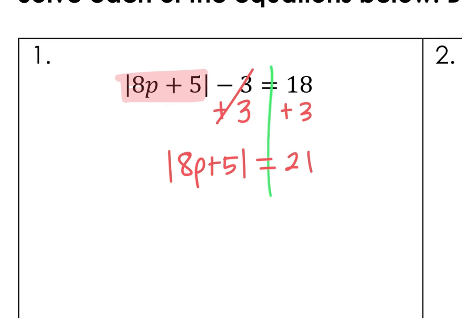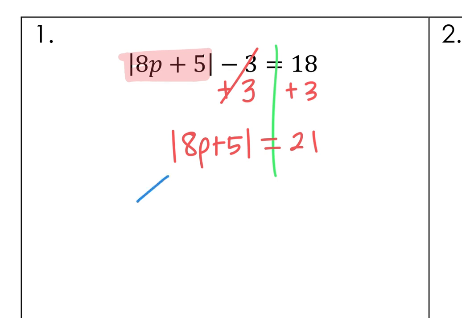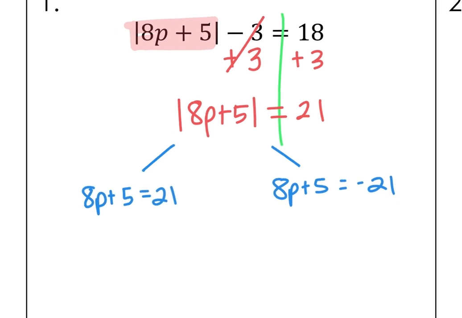Now I've isolated the absolute value part. So now I get to break it into its 2 equations that allow me to solve for p. So I take what's on the inside, and I do 8p plus 5 is equal to 21. And then 8p plus 5 is equal to a negative 21.